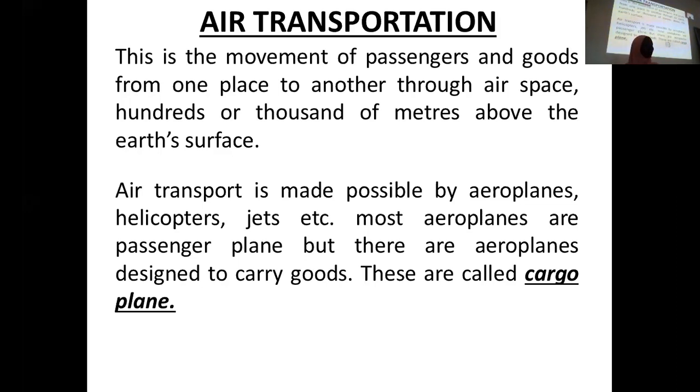Dash is a document that contains the list of passengers as well as the cargo during a particular voyage. Aeroplanes which are specifically meant for transporting goods are called dash.